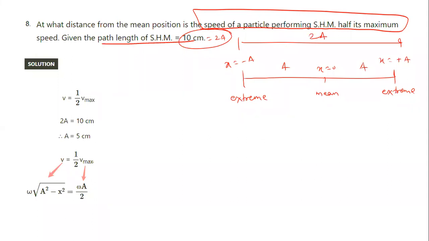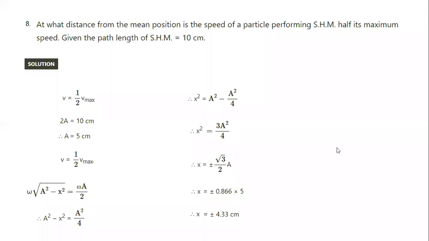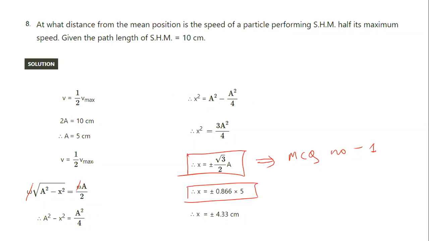Now you can cancel the common term and simplify this equation for x. Here the omega gets cancelled. After that we solve it for x and we get x is equal to root 3 by 2 a, which is similar to MCQ number 1. Then root 3 by 2 is 0.866 and this amplitude is 5. So we get displacement or distance is 4.33 centimeter.